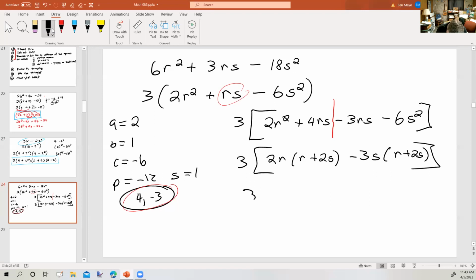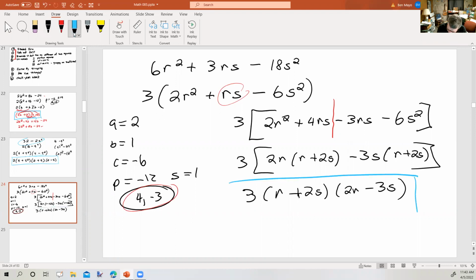So now I've got 3 times r plus 2s times 2r minus 3s. Well, I have a binomial with a subtraction sign, but it's not the difference of two squares. So there we go. Any questions on that one? Okay.